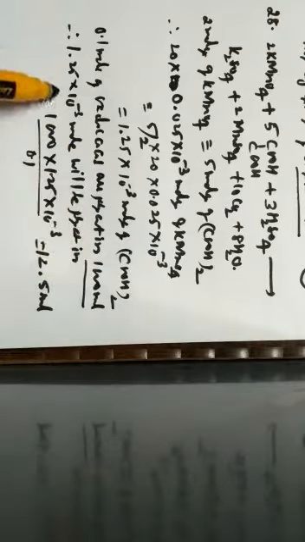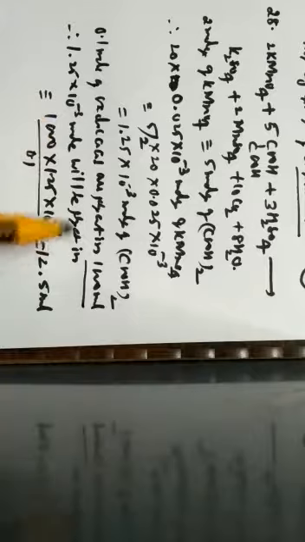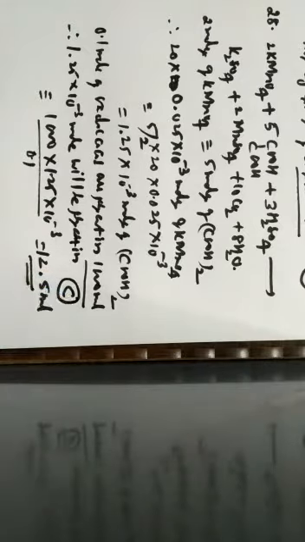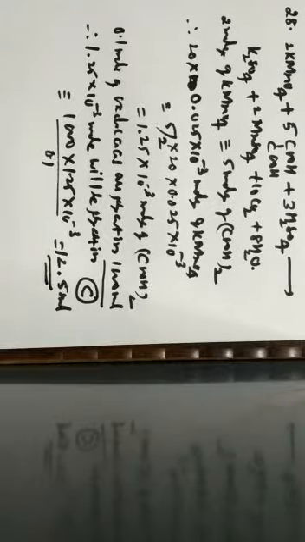Therefore, 1.25 into 10 to the power of minus 3 mole will be present in 1000 into 1.25 into 10 to the power of minus 3 divided by 0.1, which comes out to be 12.5 ml. Hence the correct option for the given question is Option C, which is given with 12.5 ml.